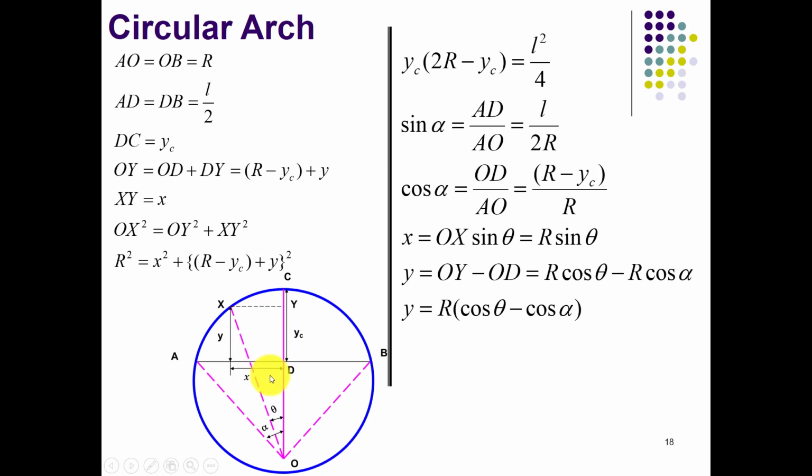OX is basically r square, where r is the radius of this curve, this semicircle, equals OY squared, plus XY, which is basically the horizontal length, plus this one component, which is OC minus CY, which can also be written as R minus YC plus Y, which can be taken as the distance between O and Y. So O to Y can be written as R, the radius, minus YC, and then we add the value of Y, which is this distance.